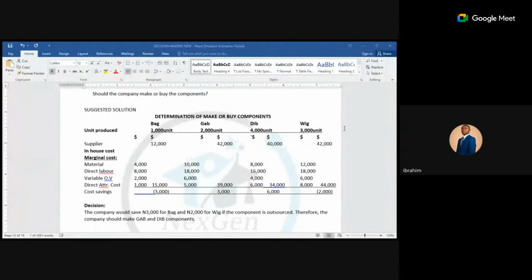As a cost accountant, you have to advise them: if you outsource this, they may not even have customers, because you outsource their key components, which they can get elsewhere.